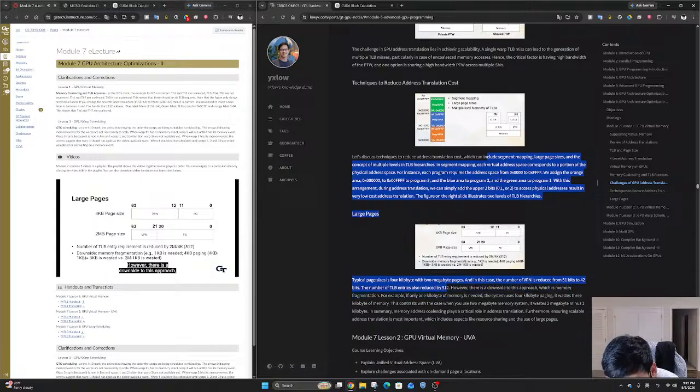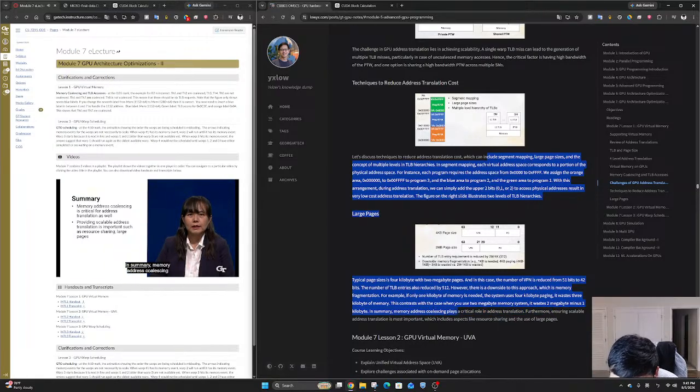However, there is a downside to this approach, which is memory fragmentation. For example, if only 1 KB of memory is needed, and the system uses 4 KB paging, it wastes 3 KB of memory. This contrasts with the case when you use a 2 MB page system, where it wastes 2 MB minus 1 KB.